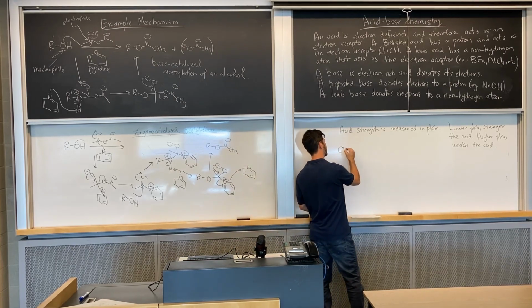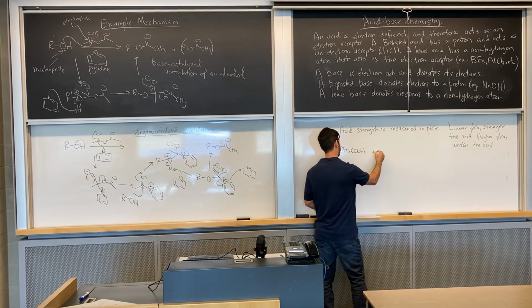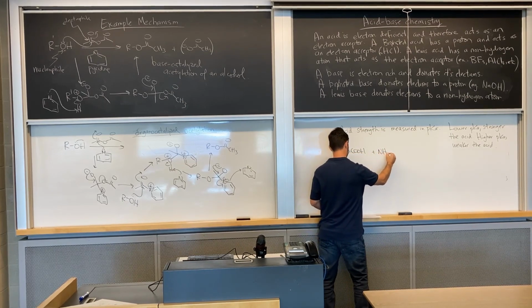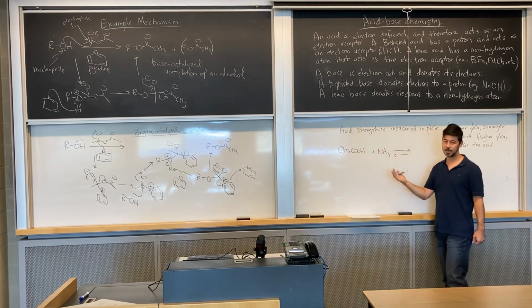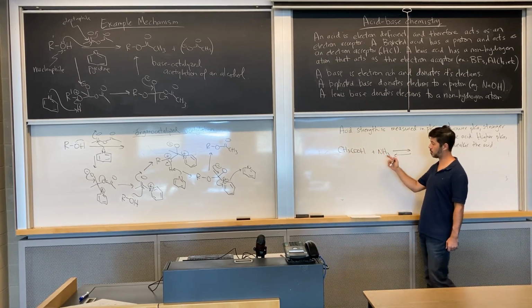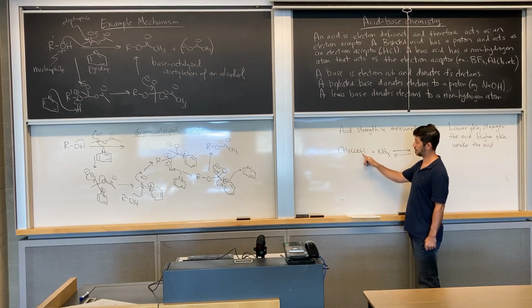If we take acetic acid and mix this with ammonia, there's going to be an acid-base reaction, fairly straightforward, right? The acid is from the acetic acid, and then the ammonia will pick up that proton. So that's your Bronsted base, Bronsted acid.